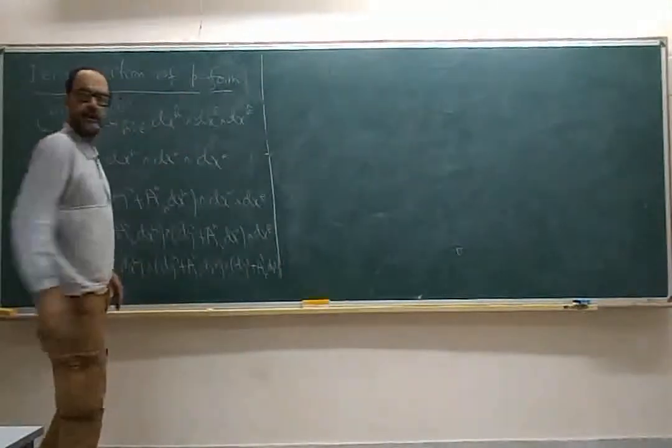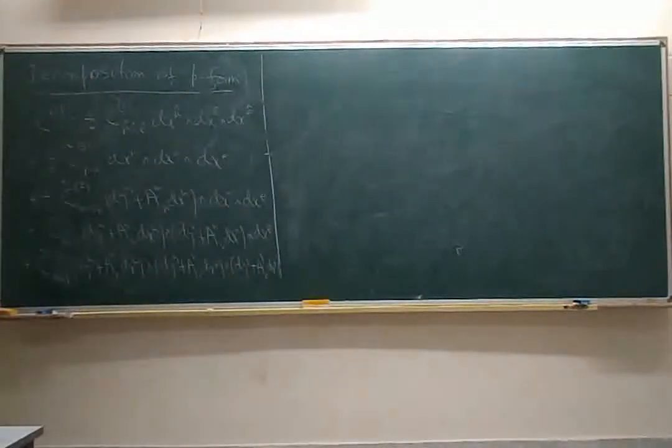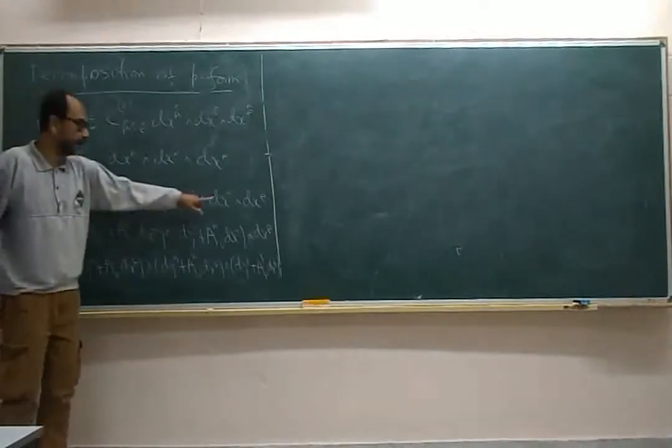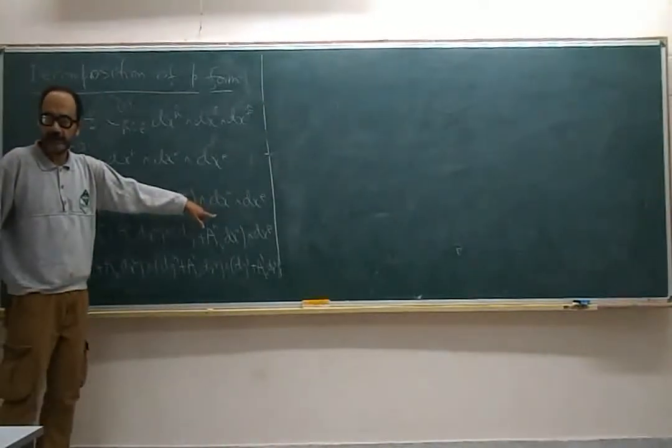Will you explain the normalization, half, 1 and 1 in particular? Oh, these normalizations, okay, I can put a half factor here. Normalization really doesn't matter. I put a normalization of half here because this is antisymmetric in nu and rho, so there will be two terms which are equal. That's the factor of half.